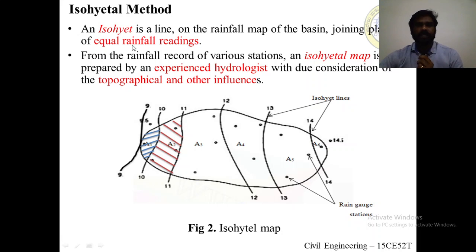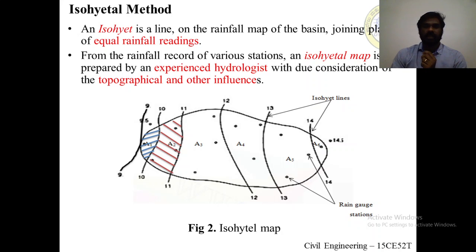See, an isohyet line is a line on the rainfall map of the basin joining places of equal rainfall readings. In surveying, you have learnt about contour lines. What is a contour line? It is an imaginary line joining the points of equal elevation on a topographical map.